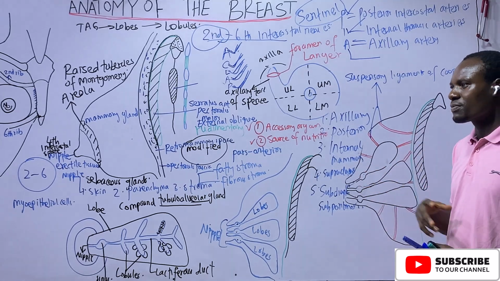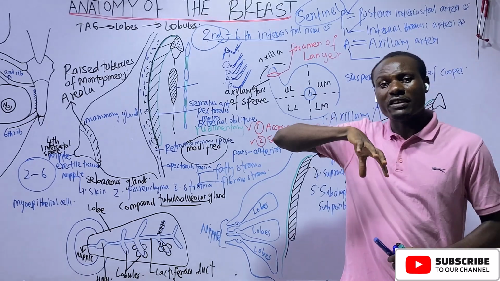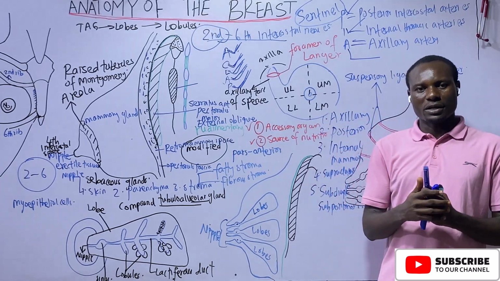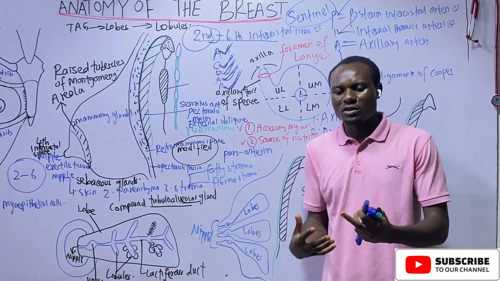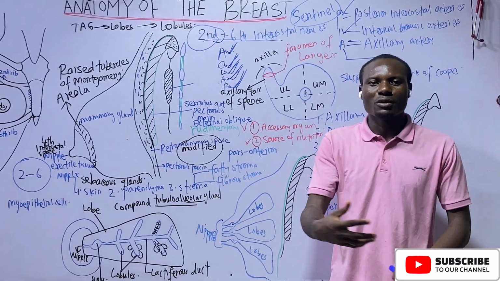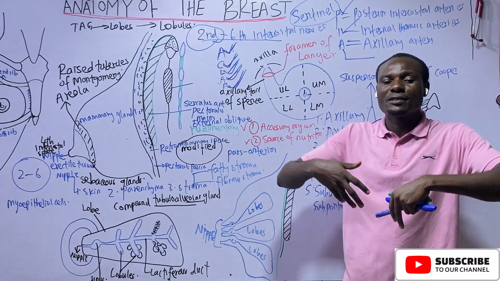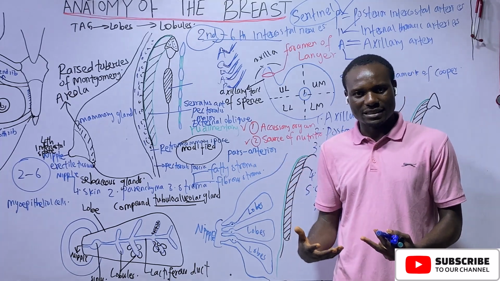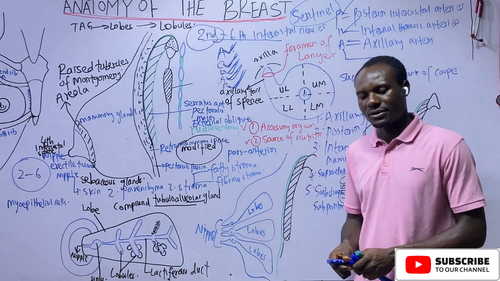Very, very high yield. However, we have a deep set of lymphatics that drain the breast. This deep set of lymphatic vessels forms a circle, sort of an anastomotic network, that drains the breast. This deep circle of lymphatics is known as the subareolar plexus of Sappey.